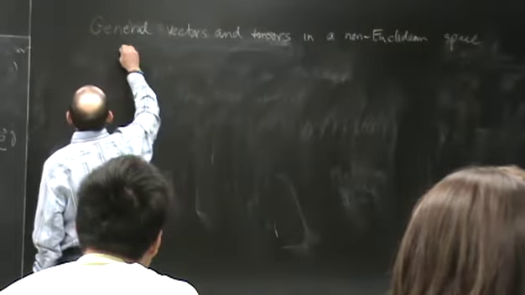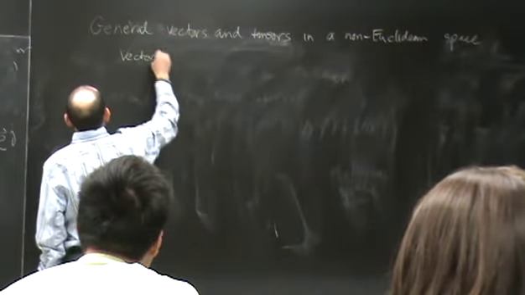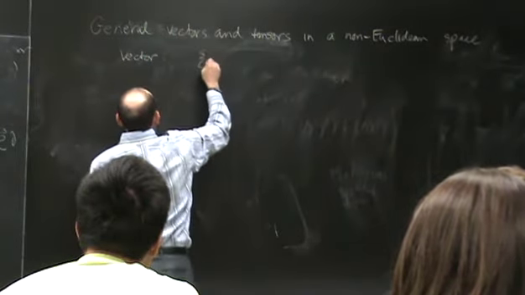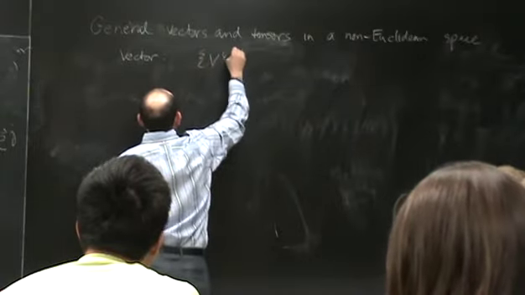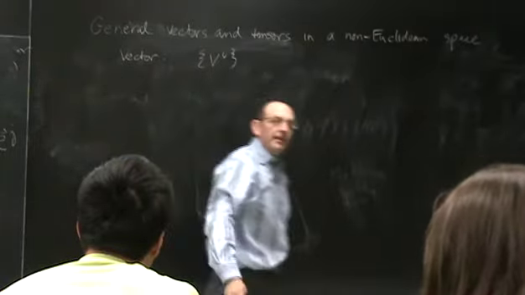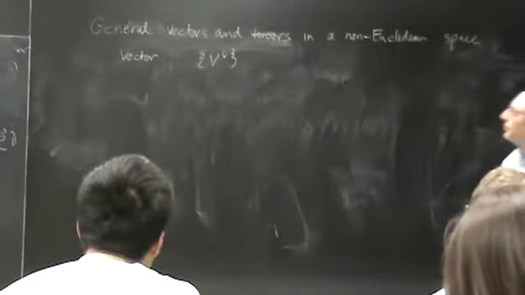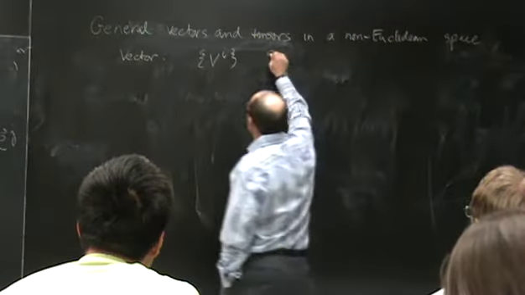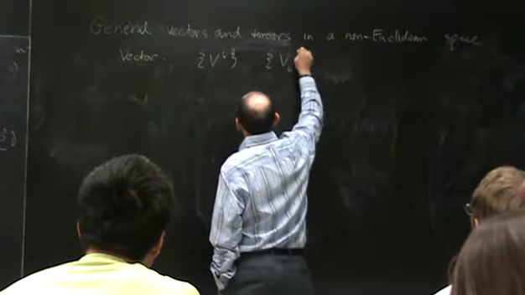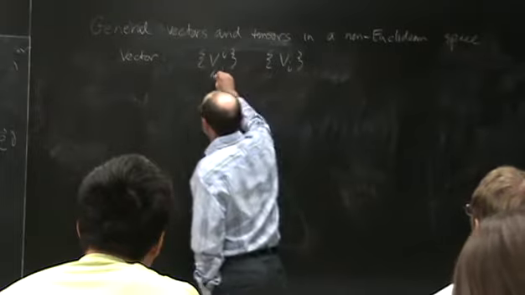So I can define a vector as a collection of 3 or whatever n coordinates, which can have covariant or contravariant coordinates.